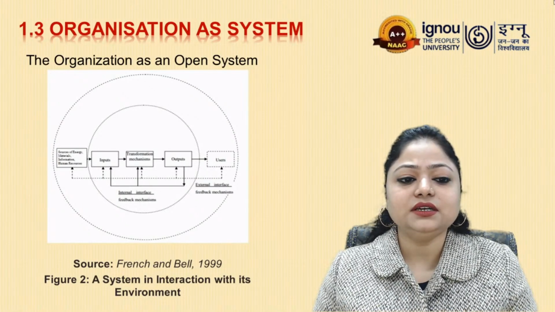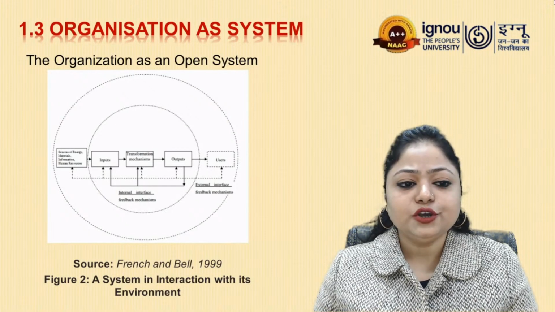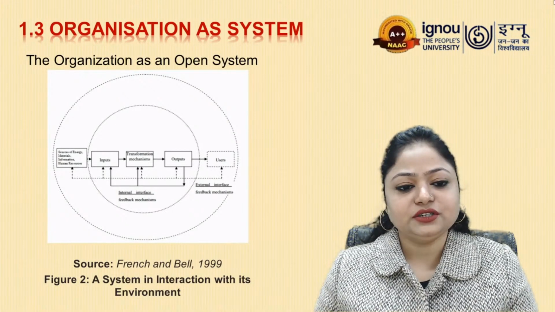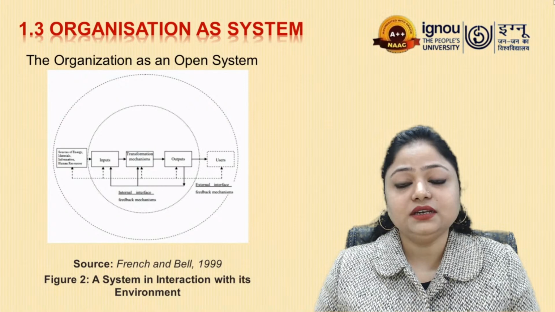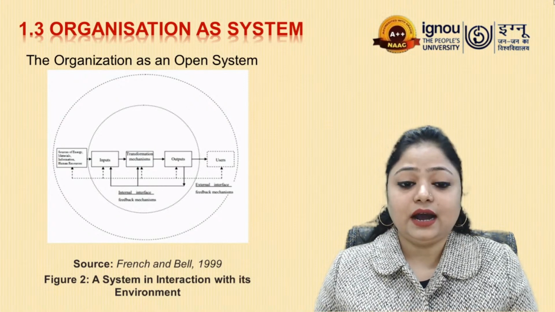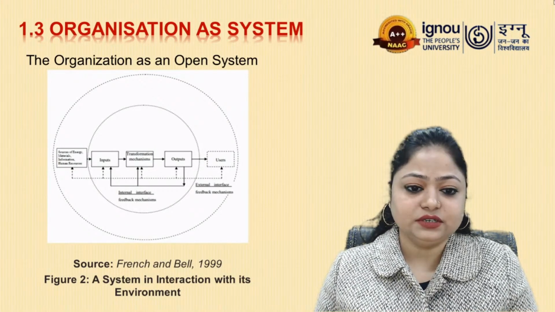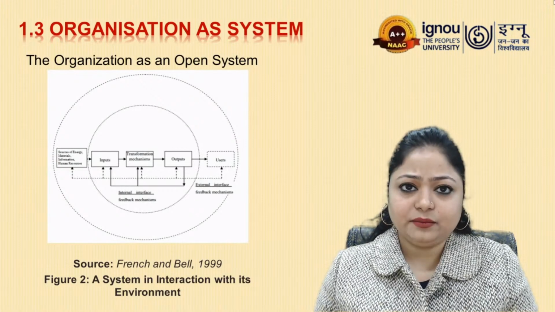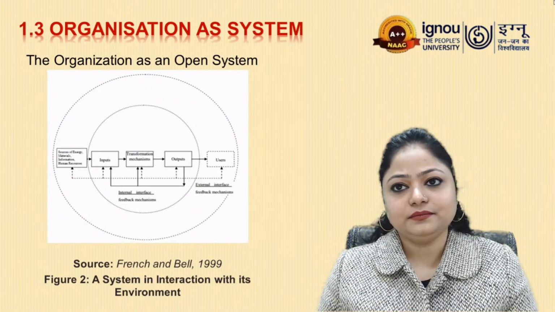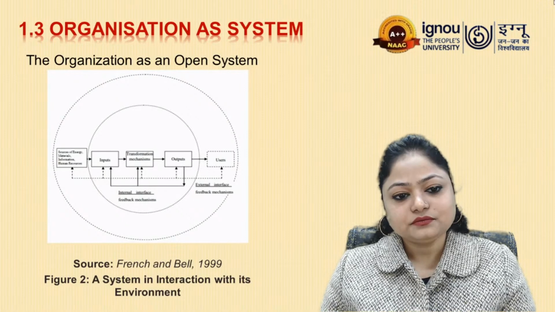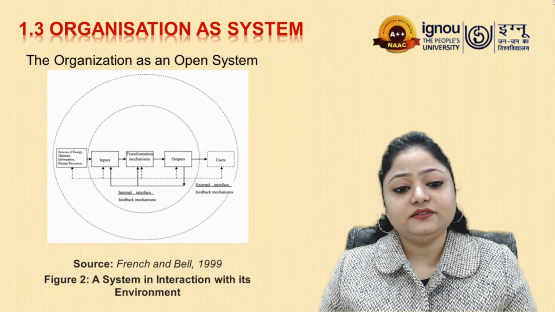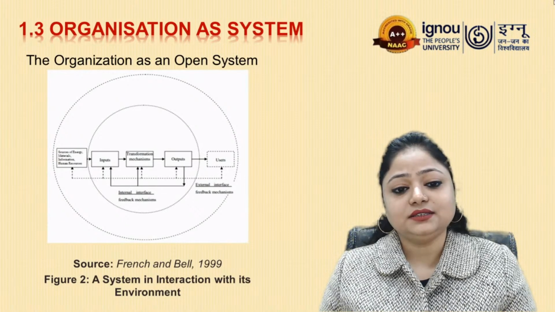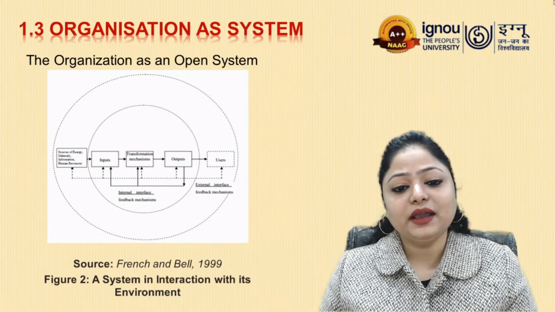Then we have the internal environment in which we have input, transformation mechanisms, and output, and the interface of feedback mechanism, internal interface. And then in the external interface, we have users. Again, there can be a feedback mechanism with them. So, meaning thereby that it has a transformation mechanism, it has certain output, and there is a feedback mechanism.